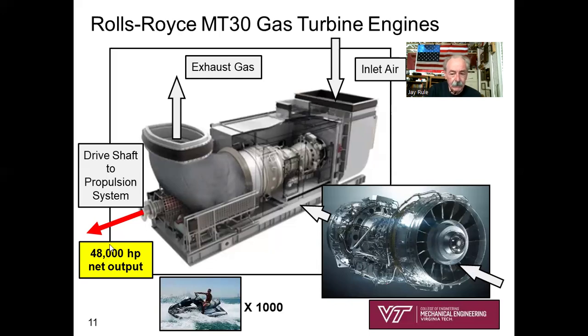It's sort of like a jet ski times 1,000. A jet ski on average could be rated around 48 horsepower. Of course, a jet ski operates with an internal combustion engine, but you see the analogy. This sort of blew my mind, this application of a gas turbine engine in a marine application.